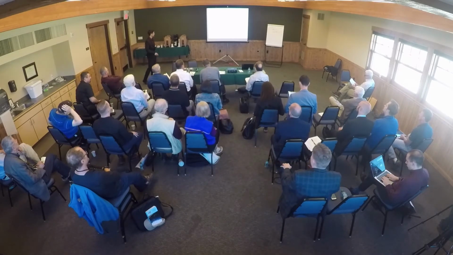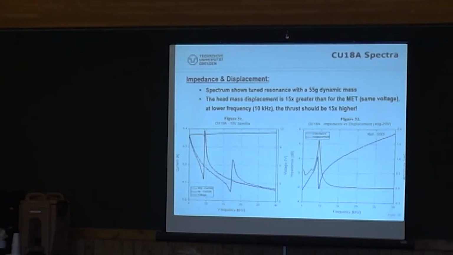So this is the impedance spectrum. You guys are familiar with those now. It shows two different curves: one with a 0 gram output mass, a dynamic mass, and one with a 40 gram output mass. The 40 gram output mass is here, so the resonance frequency shifts to the left, to the lower frequency as expected, but has a higher peak current.